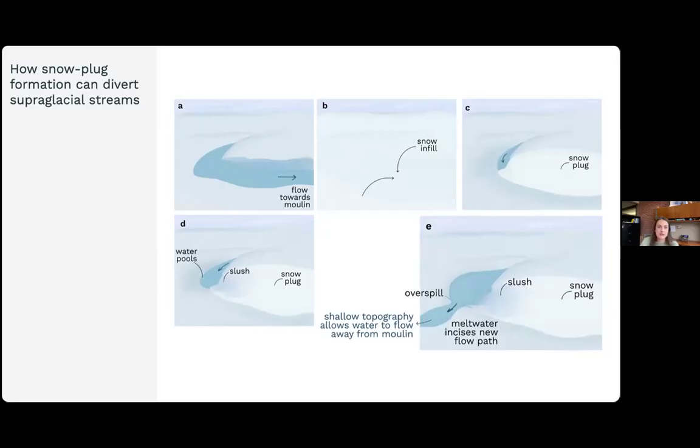Particularly, this would cause the most interannual variability in your catchments in areas where you have, in general, gently sloping surfaces. Because if you can imagine, if we had a very strong surface gradient, then we can just form that stream right back to the same moulin if there is no other area where we can have a very significant change in that flow path.